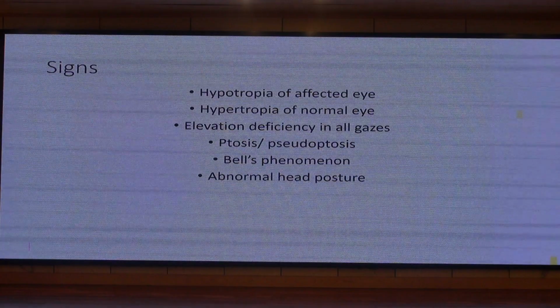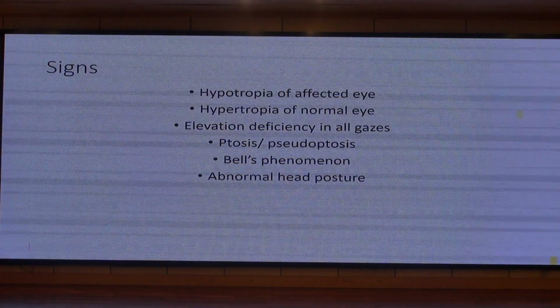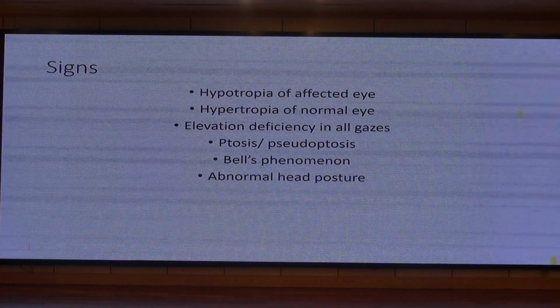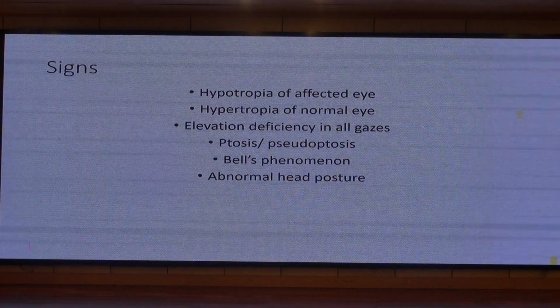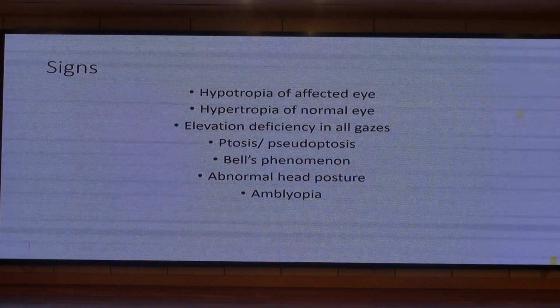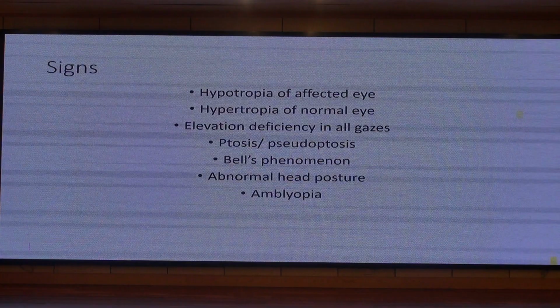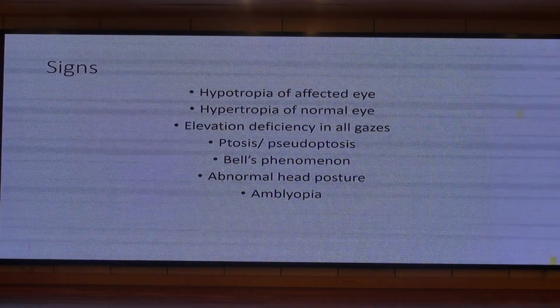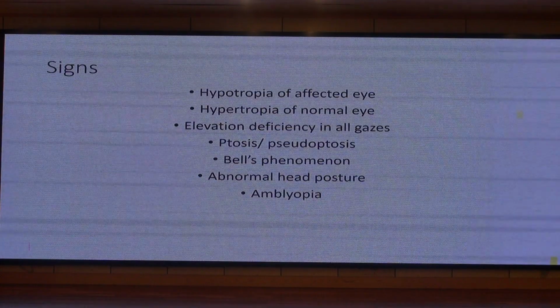An abnormal head posture, most commonly a chin up, is seen in patients if binocular fusion is present. An abnormal head posture may not be present if the affected eye is fixing. Amblyopia may be present if there is a constant deviation of the affected eye, ptosis or anisometropia.